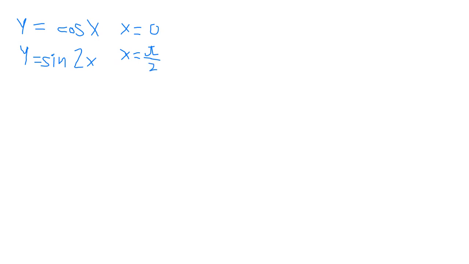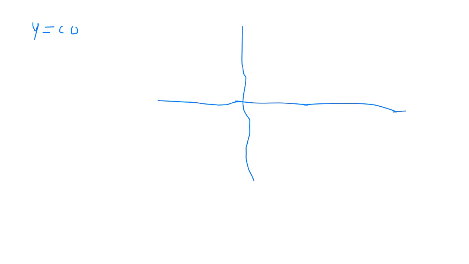So if we were to graph this, we have y equals cosine of x, and y equals sine of 2x. Our graph would look something like this.